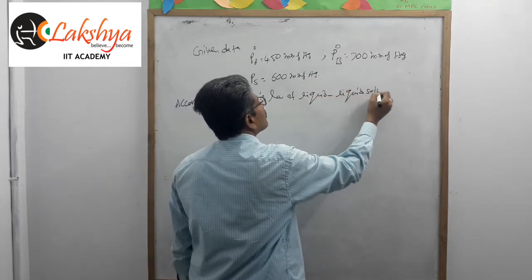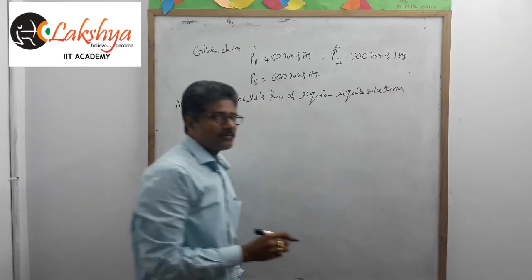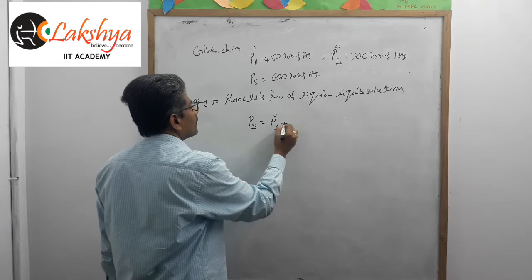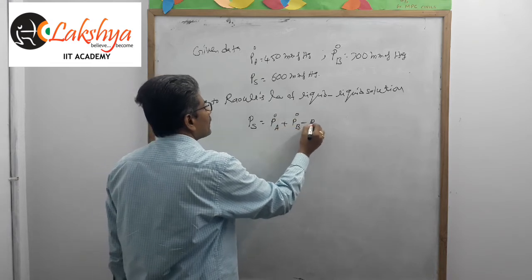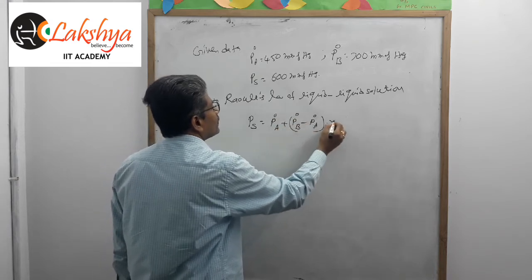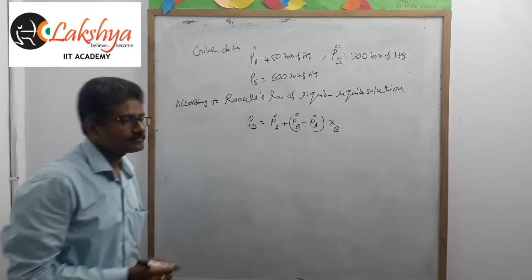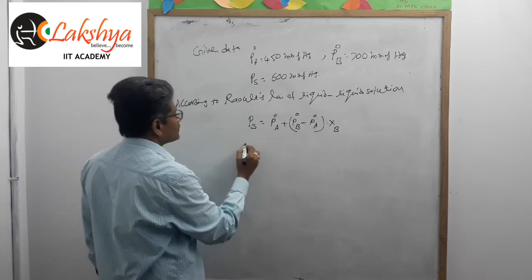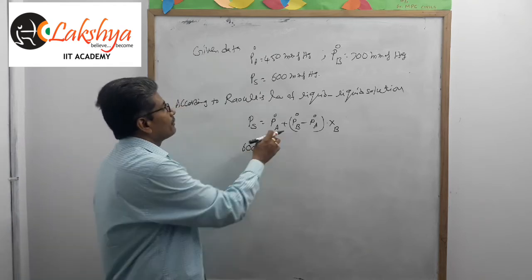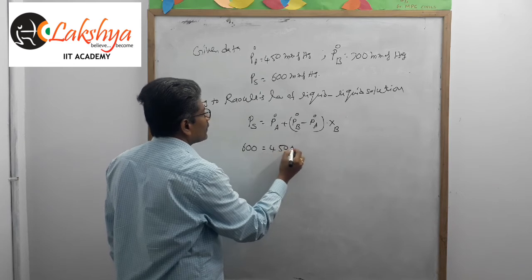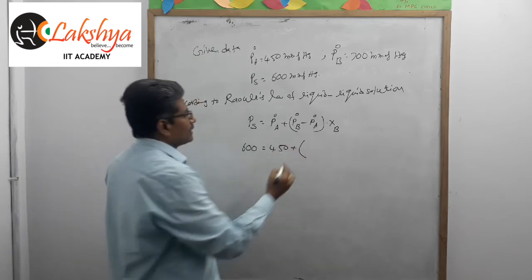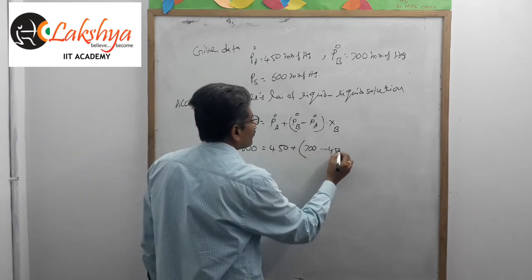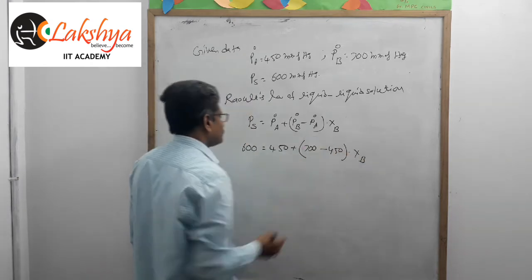According to Raoult's law of liquid solution, PS is equal to P naught A plus P naught B minus P naught A into XB. This is the formula. From that we can find XB. PS is equal to 600, P naught A value 450 plus P naught B 700 minus P naught A 450 into XB.